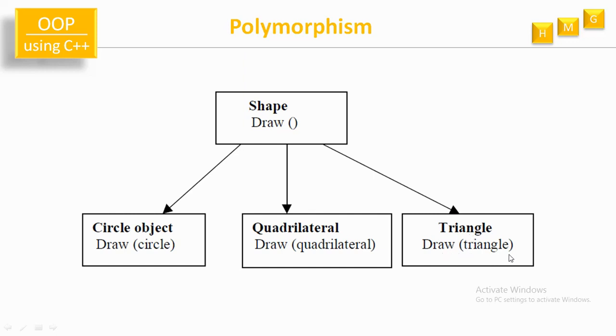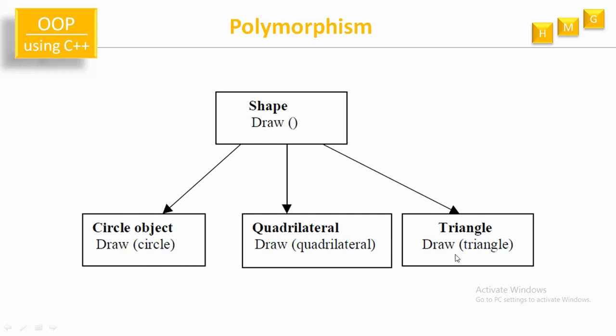So like this, the draw function is behaving differently at different instances. At one instance it draws a circle, at another instance it draws a quadrilateral, while at a third instance it draws a triangle. So the draw function has a polymorphic nature.